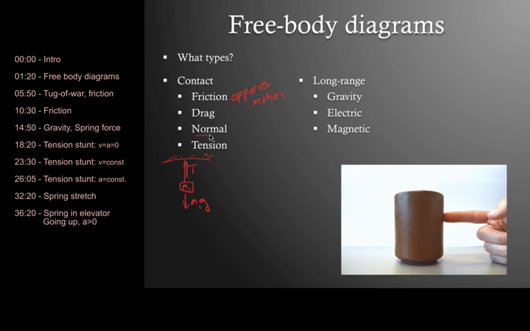Normal force, this is the confusing one on this side. Normal force is a force on an object, by a surface. So we could look at this cup right here again. The cup has gravity pulling straight down on it.